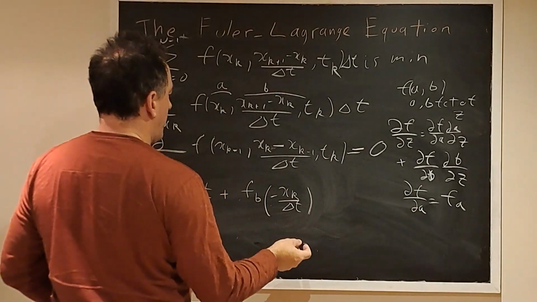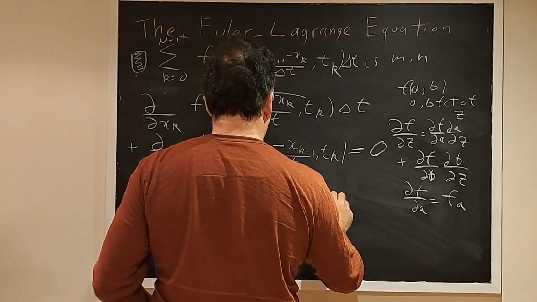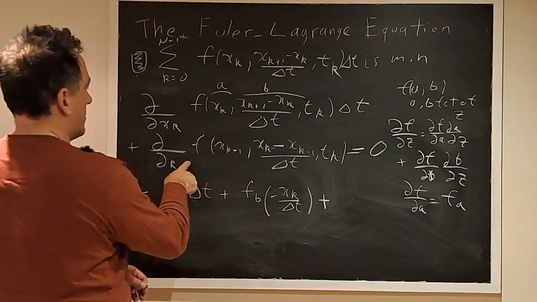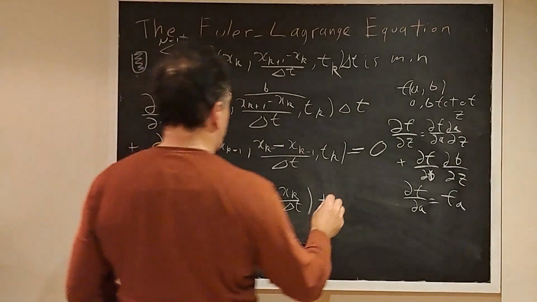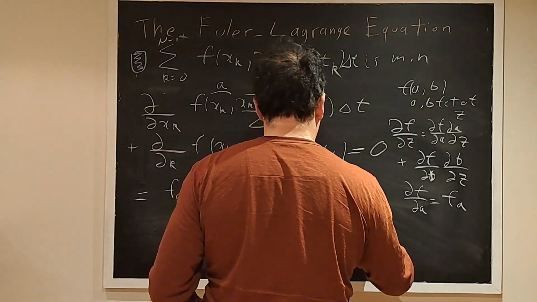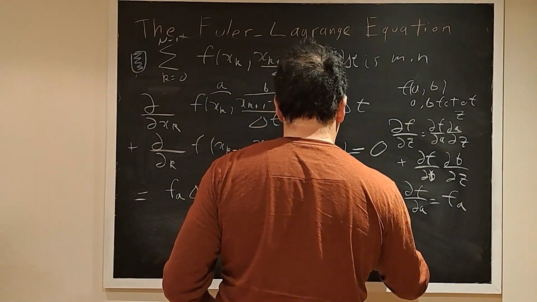And then there will be another term for the other derivative, and here we would get the factor 1 over delta t. So this will be fb times 1 over delta t.